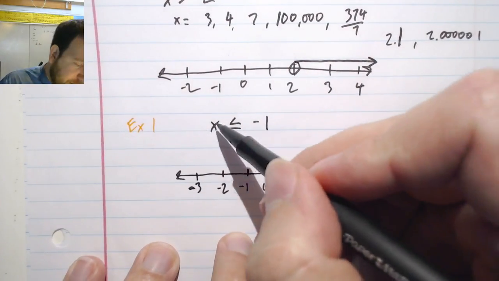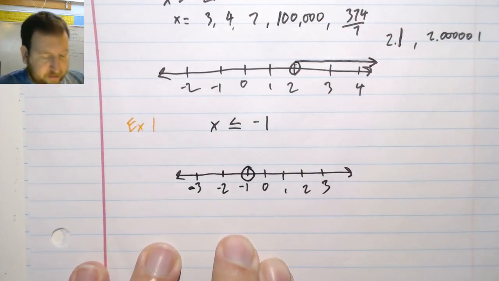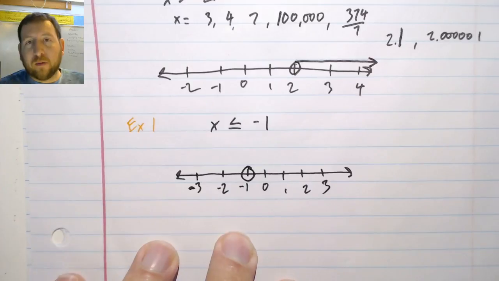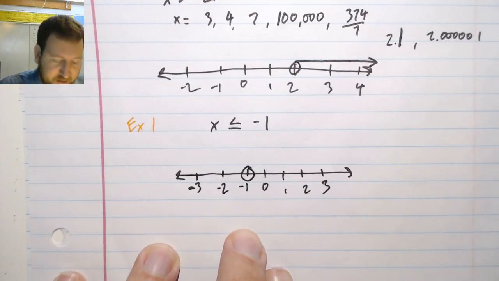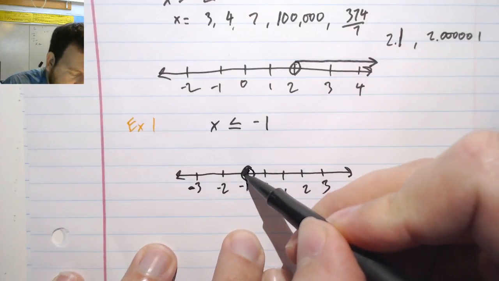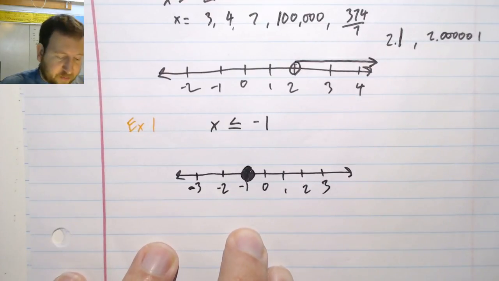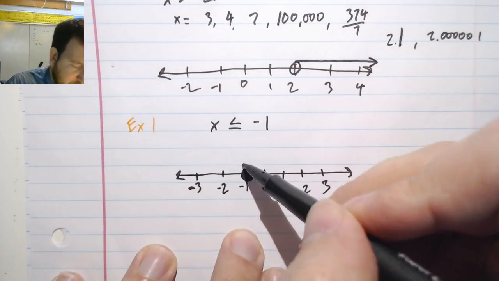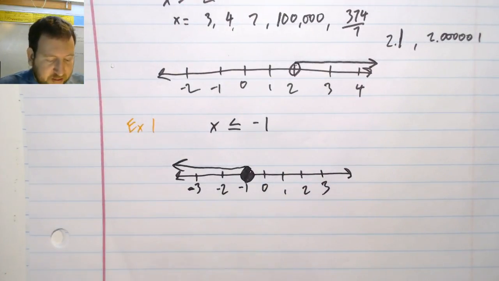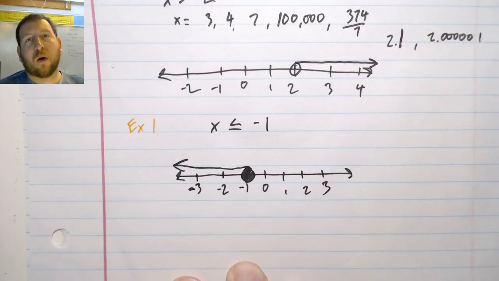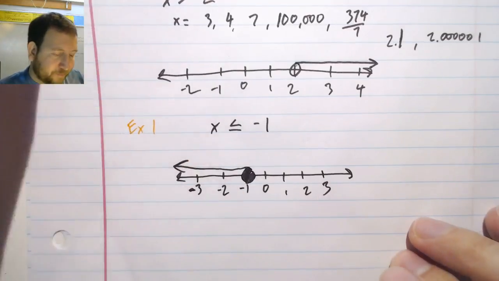And I'm going to say, okay, negative 1 is definitely going to be my focus here. But in this case, it is less than or equal to. So for whatever problem I'm using, negative 1 also satisfies the conditions. So that means I'm going to color it in this time. And then I'm going to do the same thing as before. But this time, since it's less than, my little arrow is going to be going to the left. This is how I would represent x is less than or equal to negative 1.